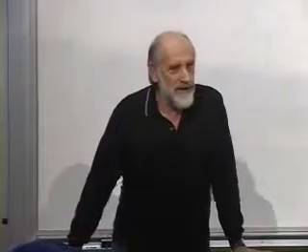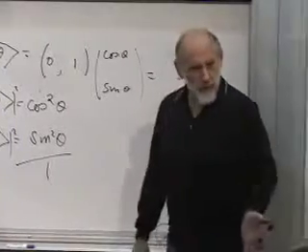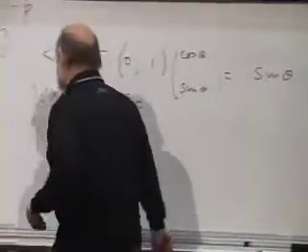What's the answer going to depend on? Is it going to depend on alpha times beta, alpha plus beta, alpha minus beta? The relative angular distance between them. It better, otherwise we're doing something wrong. Okay, so let's check it out.